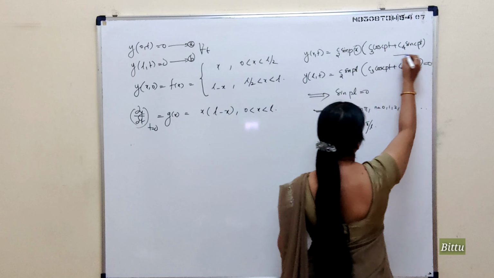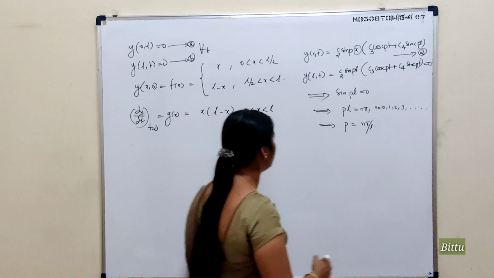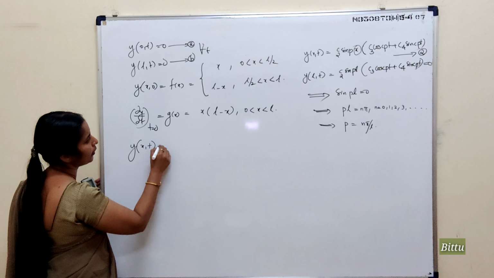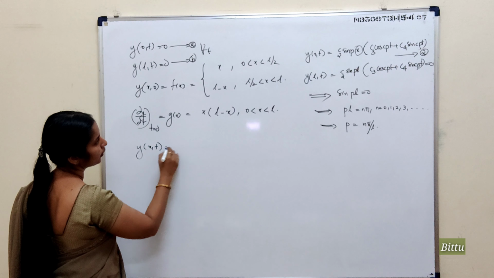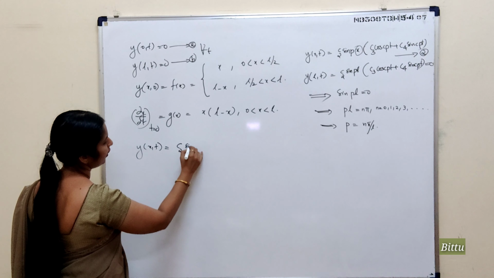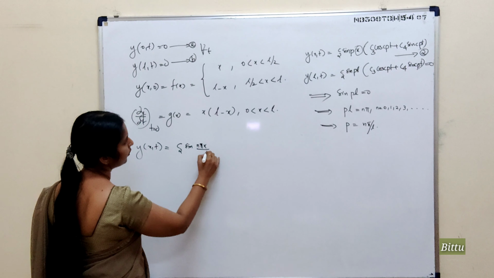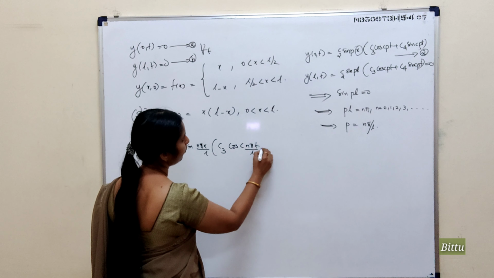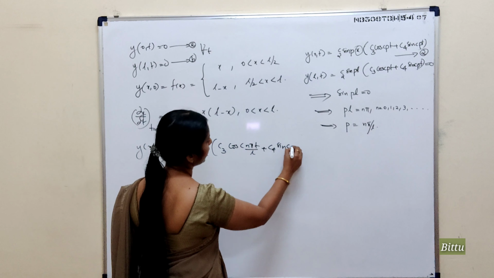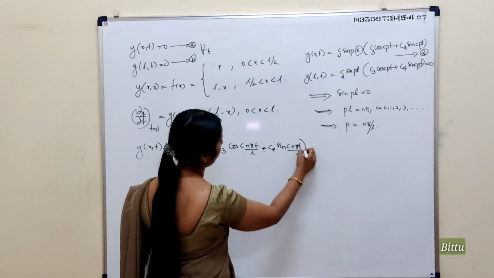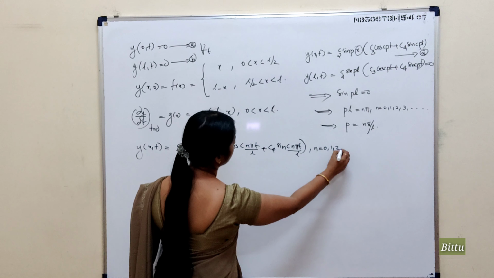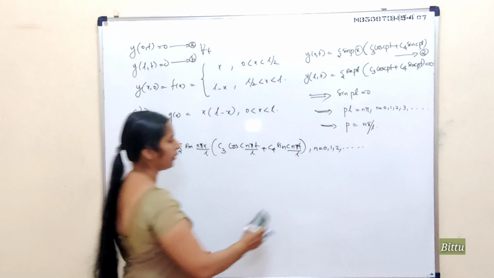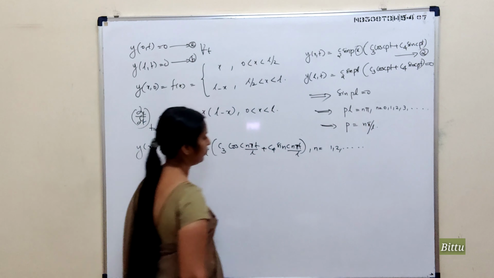Our latest solution of the wave equation is given by equation number 2. In 2, when P is n pi by L, you can see y of x, t is C2 sin n pi x by L, C3 cos c n pi t by L plus C4 sin c n pi t by L for n equal to 0, 1, 2, 3, etc. As I mentioned in the previous videos, we can't take n equal to 0.